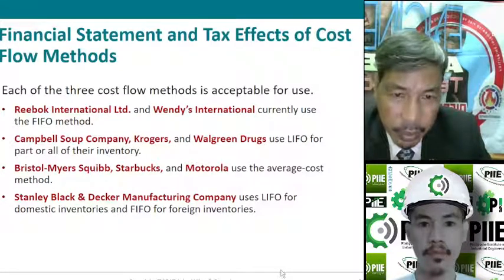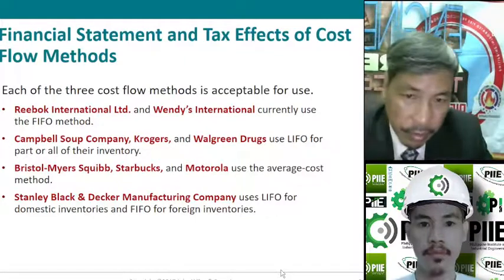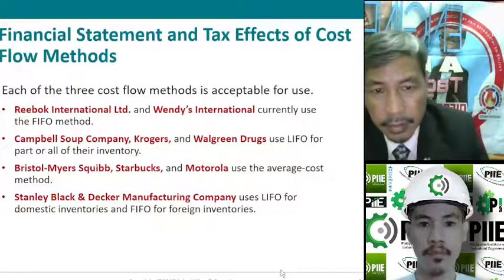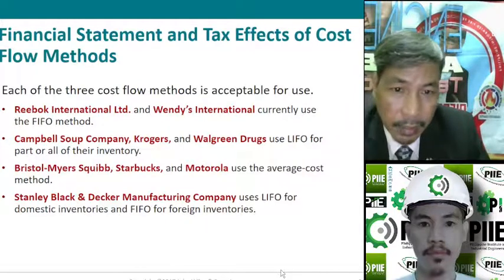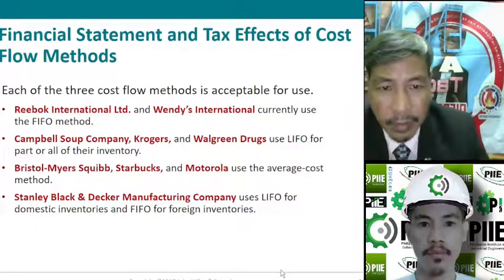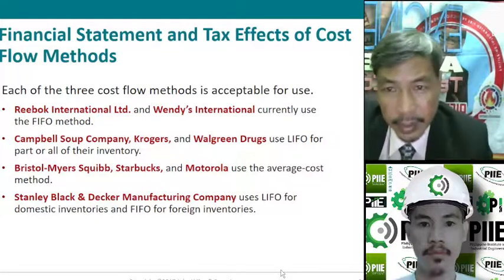Bristol Myers Squibb, Starbucks, and Motorola use the average cost method. And Stanley Black and Decker manufacturing company uses LIFO for domestic inventories and FIFO for foreign inventories. So they use different things.